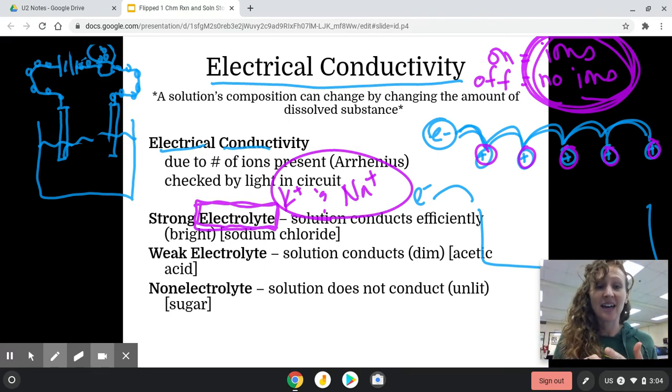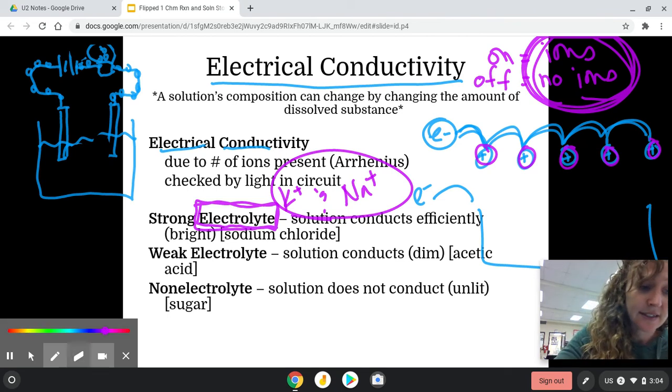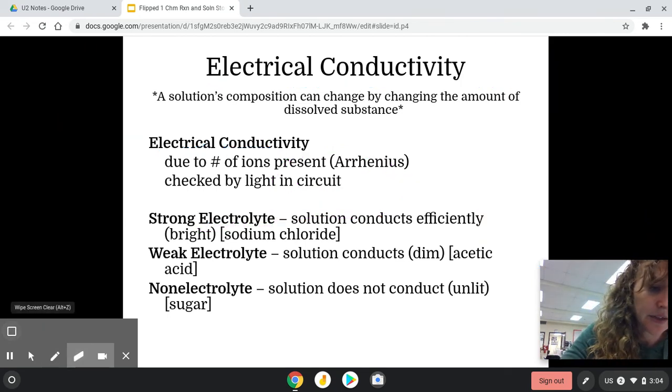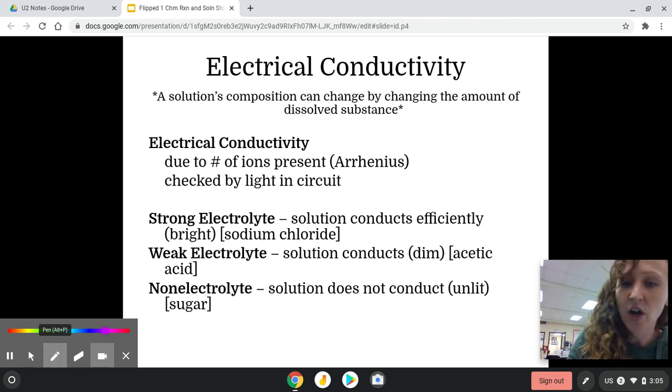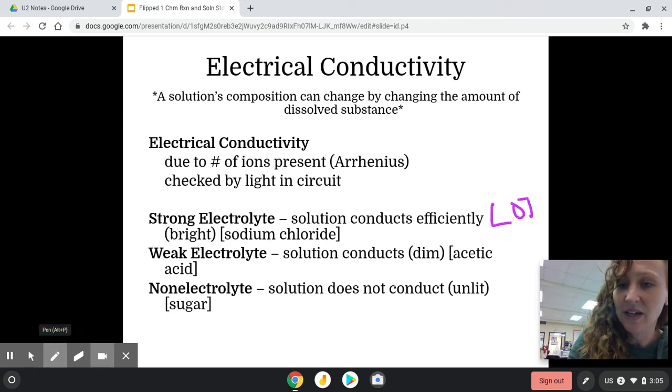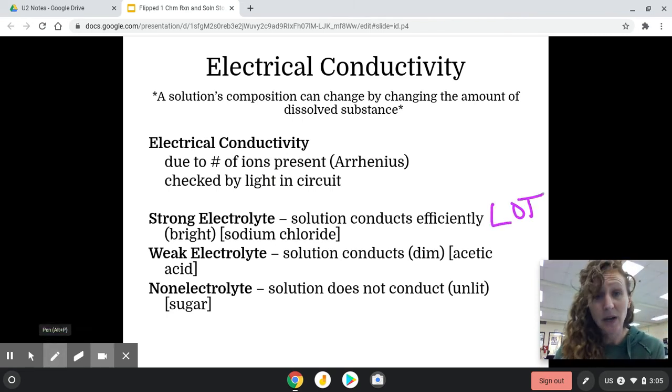When we say that a solution is a strong electrolyte, it means it has a lot of ions present. Let me erase this and I can write a little bit more. So strong electrolytes would have a lot of ions present, which means that whatever salt you have dissociates completely, and all the ions that were locked up in that original crystal or lattice are now released and free to flow throughout the solution.